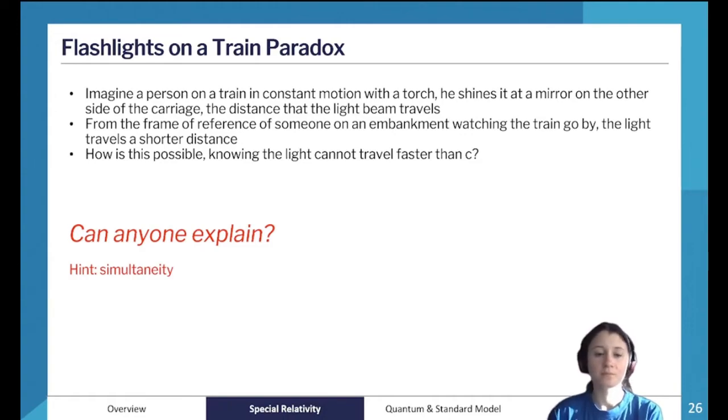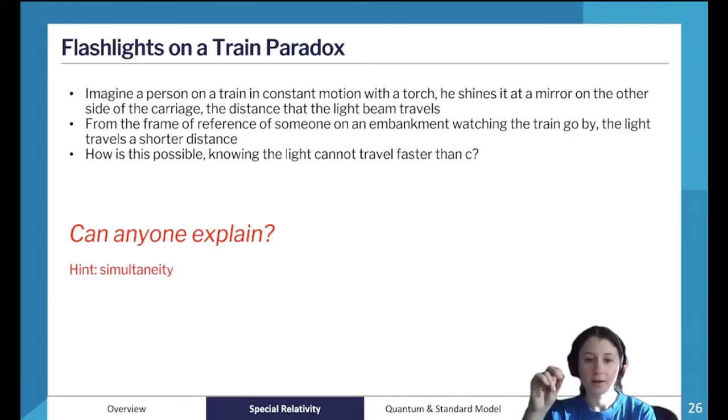We have a person on a train in constant motion with a torch. He shines the torch at a mirror on the other side of the carriage, and the distance that the light beam travels, from the frame of reference of someone on an embankment watching the train go by, is a shorter distance.